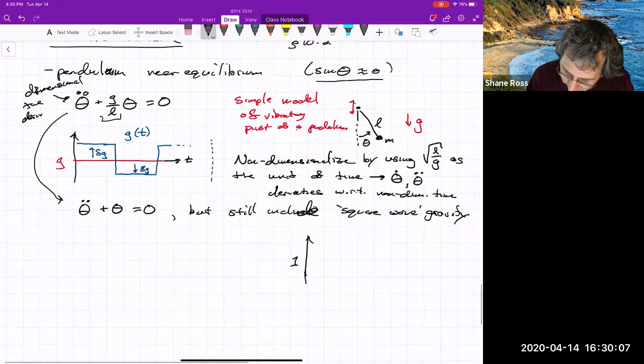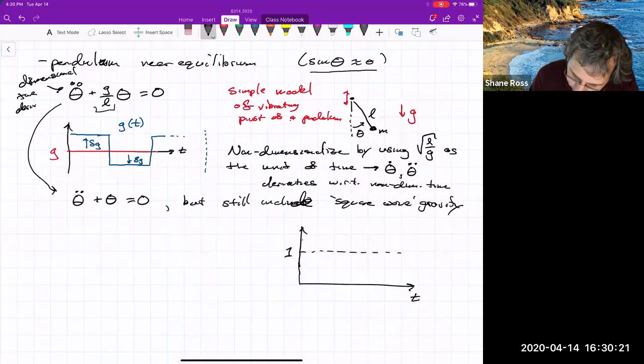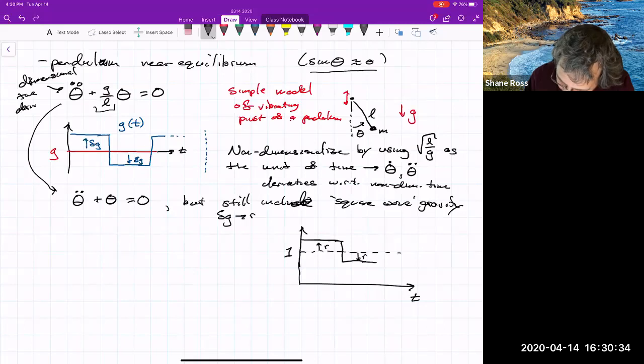So here's 1, and here's time. And instead of delta G, we will write R, where R is some small factor. So this is R, and then this distance is also R, and this thing will repeat forever and ever.